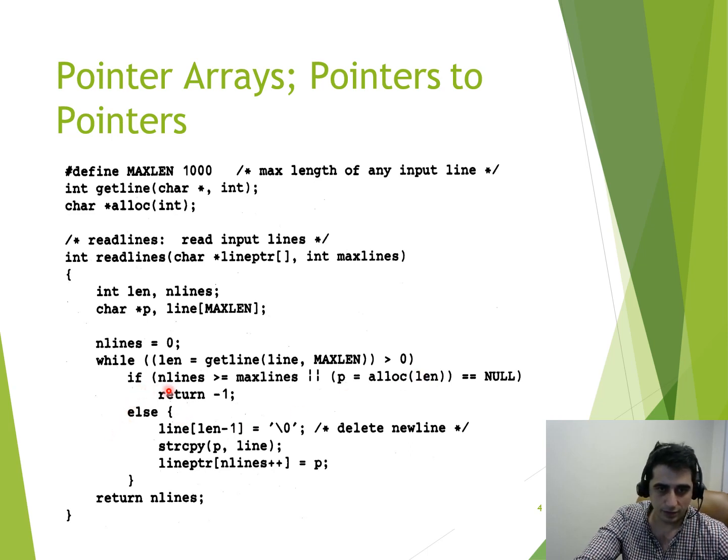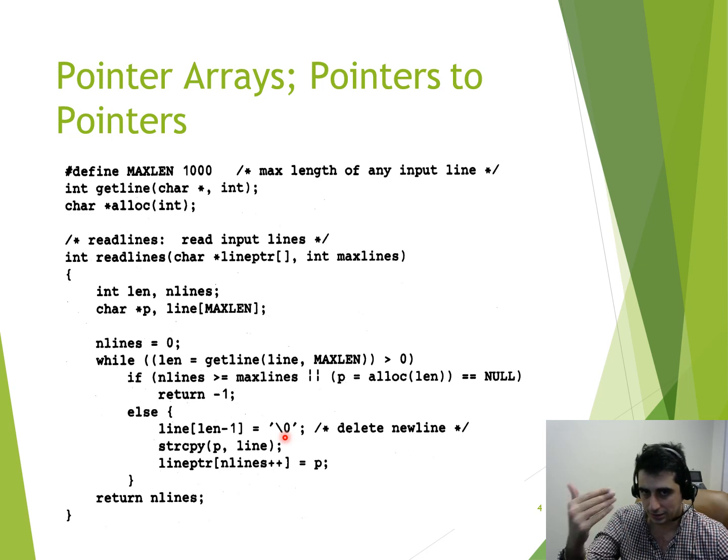In any case, after we allocated memory for the line that we just received from the keyboard, we are going to do this. First of all, getLine adds a newline at the end of the line, so we're going to get rid of it by doing this, by setting the index len-1 of the array line equal to 0. 0 basically is a sign for the end of the string.